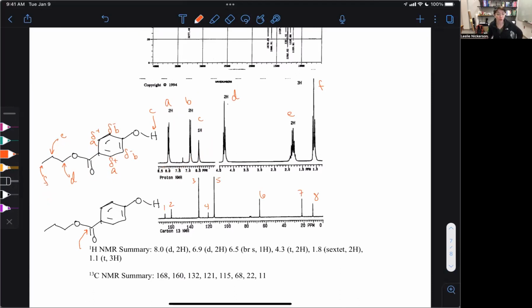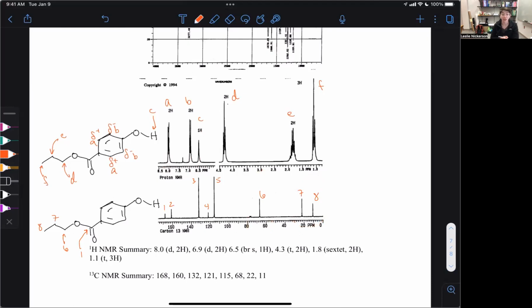Okay, so 1 is going to be our carbonyl. Okay, 6 is our carbon connected to our oxygen. And then 7 and 8, as distance comes, you're going to go farther away from the O, you're going more upfield. So this is going to be 7, and this is going to be 8.